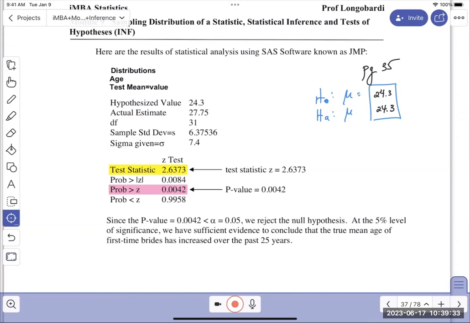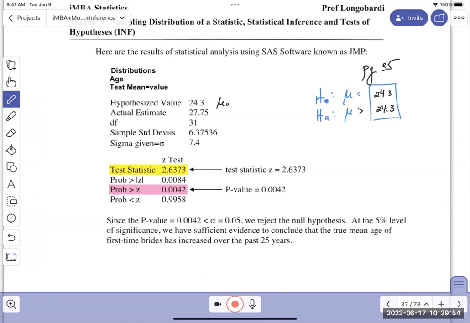Right, it's greater than. So according to the highlighting, it's greater. I'm just going to put a red around it to remind you. Okay, so now let's go through what we have here. We have the hypothesized value, so that is mu0.